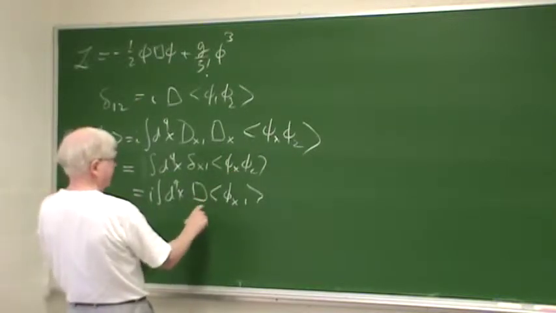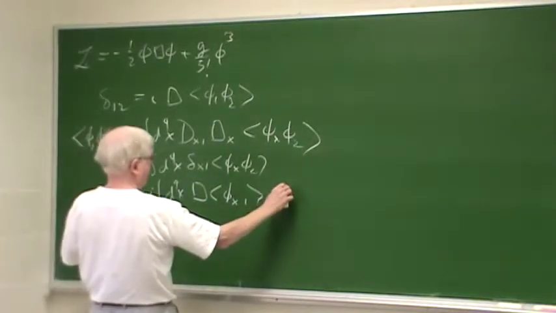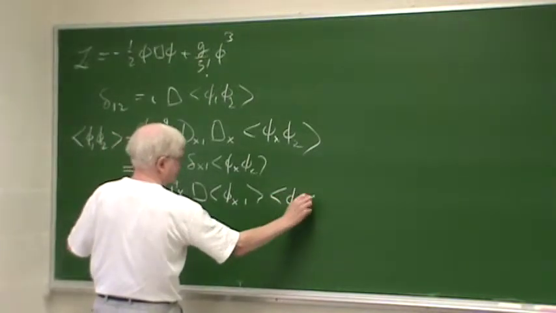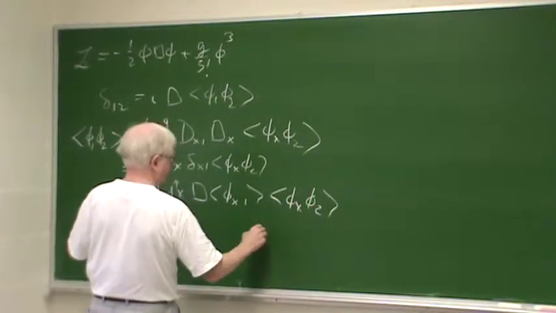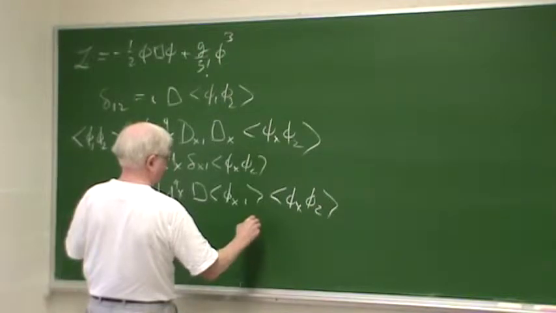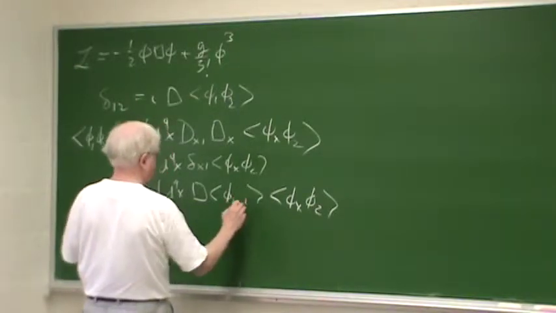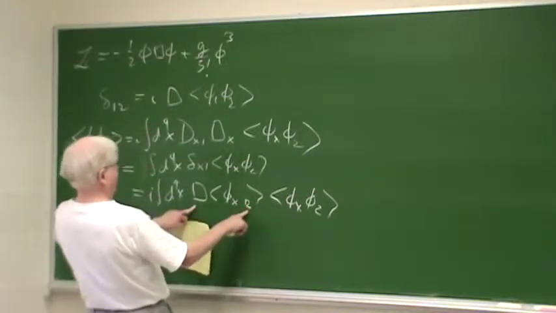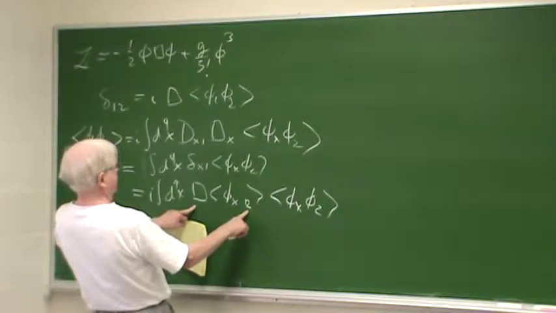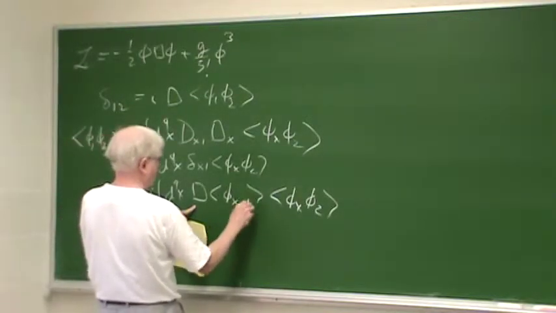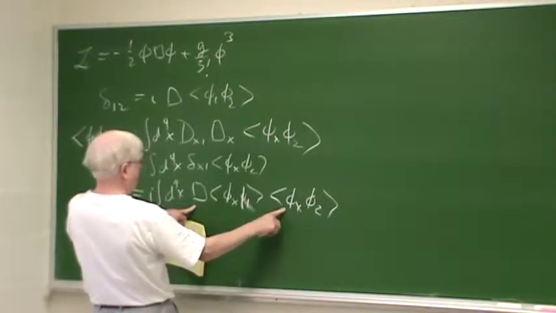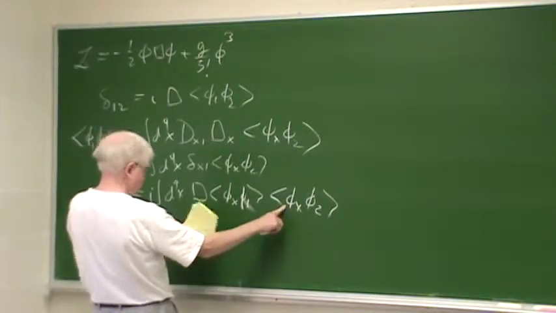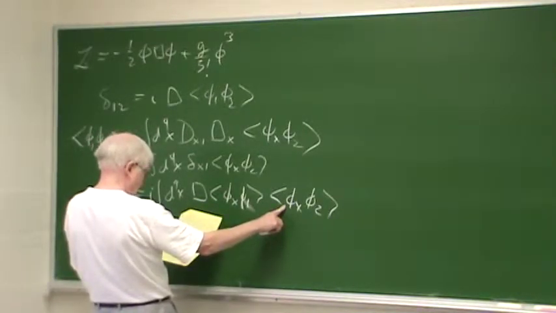On the other hand, and then we wanted also <phi(x) phi_2>. I'm sorry, phi(x), well now I've gotten this thing backwards. No, this is a 1. And now if we integrate by parts, we get that, yeah.